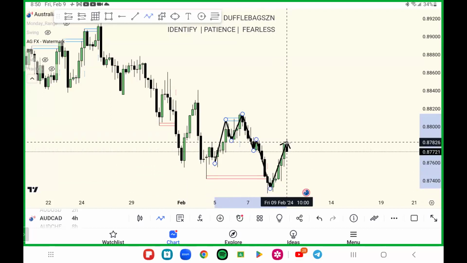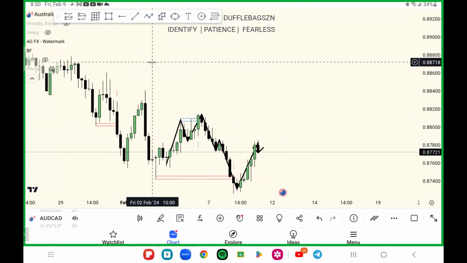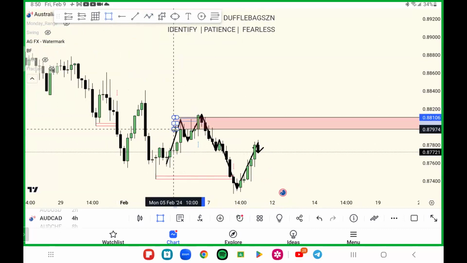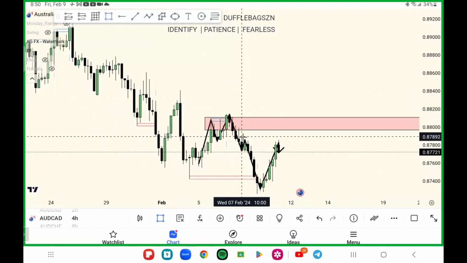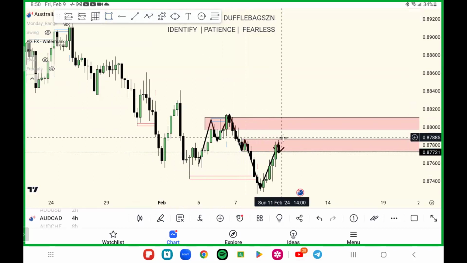Retest, and we already see a little reaction right here. But as well as right here, we catch the left shoulder as well. But it's also in the zone for the starting point. Solid enough. Solid, bro. Good stuff, brother. Give it up for my boy Tizzle, giving us an AUDCAD sell-off on the 4-hour. Let's go!